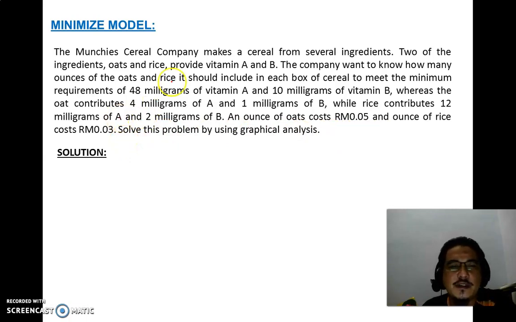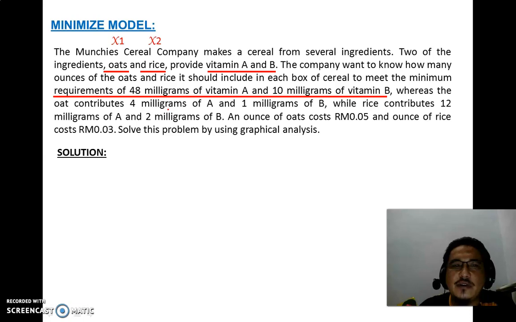So this is the situation. What information can we get from it? Number one, two ingredients, oat and rice. Oat is S1, rice is S2. They provide vitamin A and vitamin B. Vitamin A and vitamin B are the constraints.